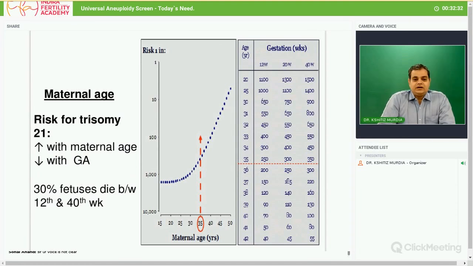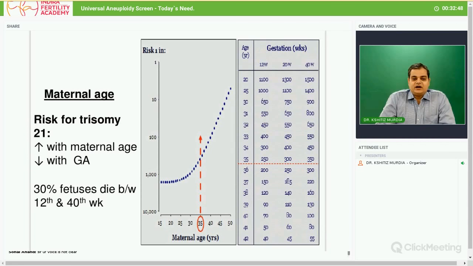We all know that maternal age is associated with an increased risk of trisomies, and the risk increases with maternal age and decreases with gestational age.